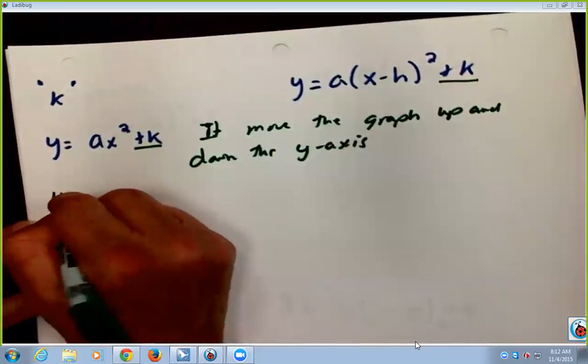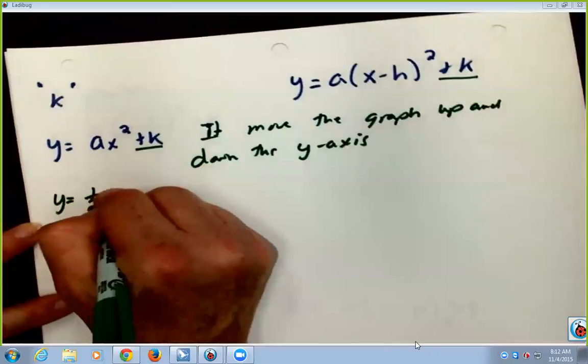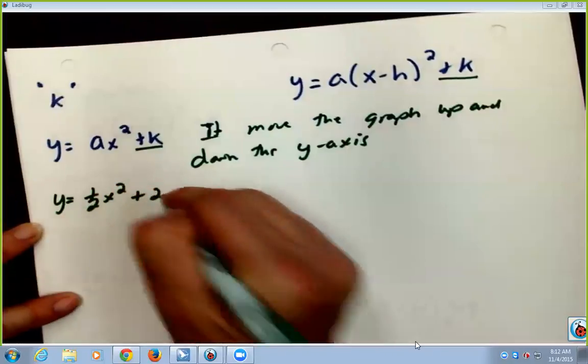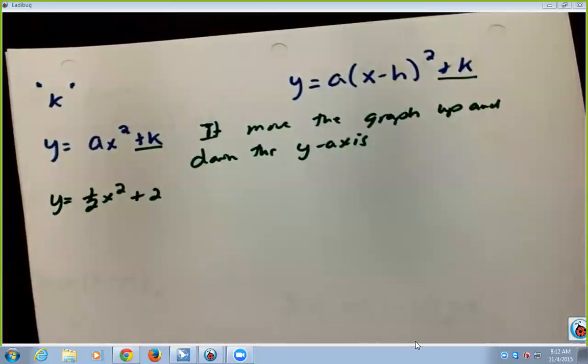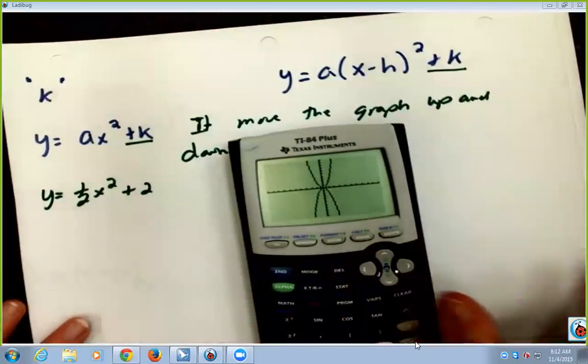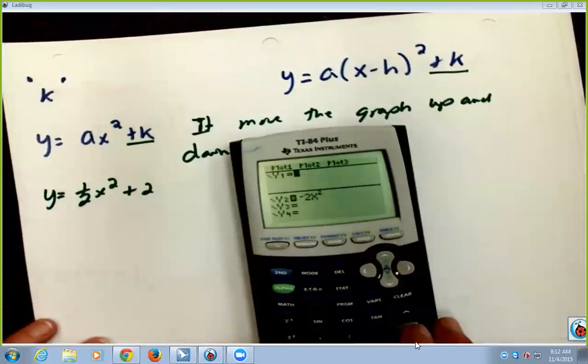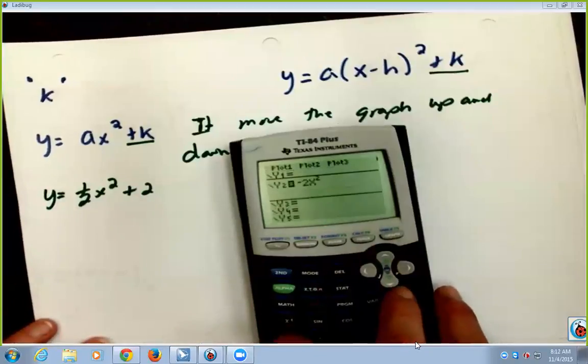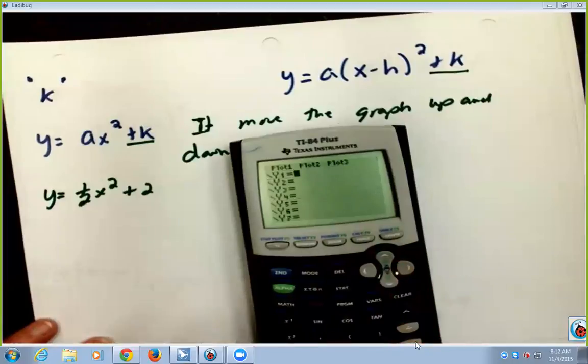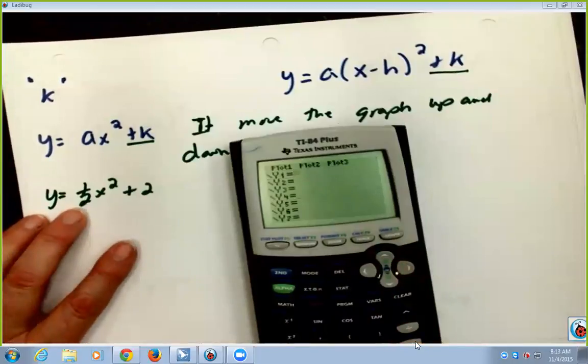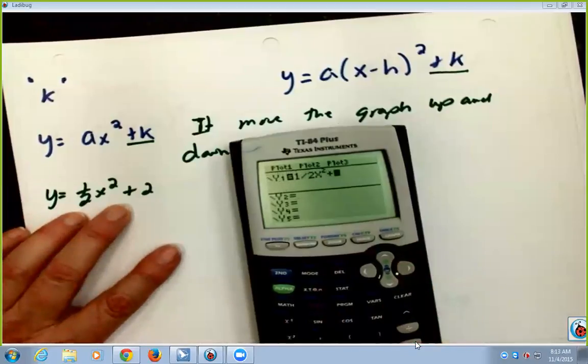So if I had y equals 1/2 x squared plus 2, let's stick it on our graphing calculator so we can see what it looks like. So I'm going to clear out everything I've got in here, and I'm going to enter that in my calculator. So 1 divided by 2, x squared plus 2.